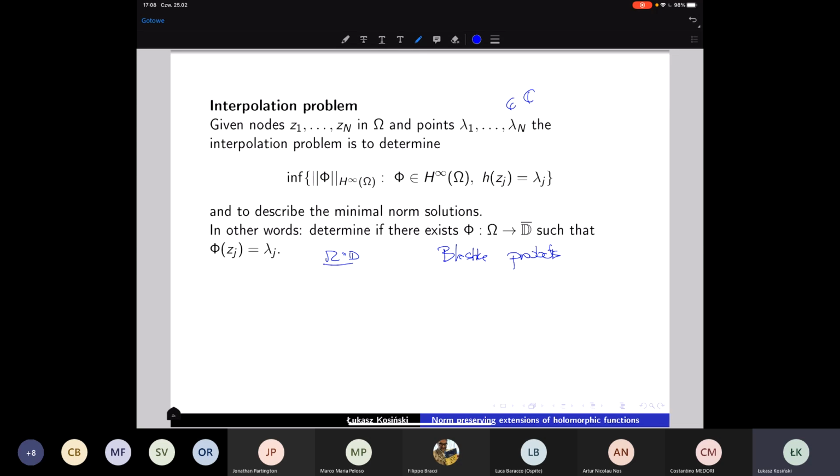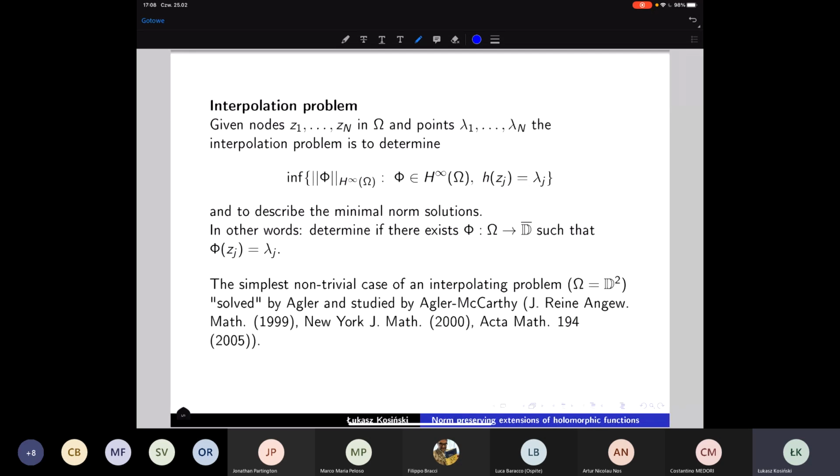So if omega is the unit disk, then this is quite standard, how to deal with this object. However, not much is known when omega is more complicated. The simplest non-trivial case was solved by Agler in 1988.